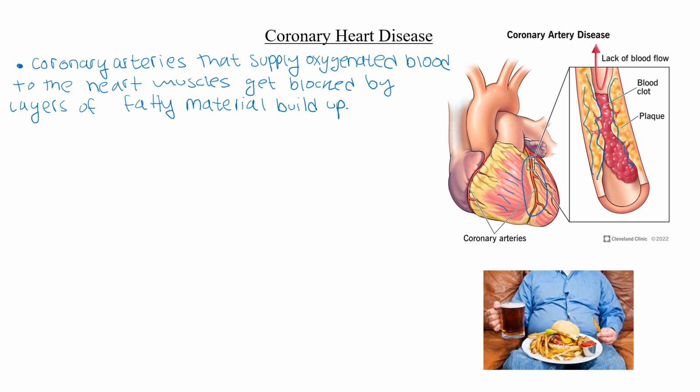This means that less blood is going to flow, and then you can have a clot because the blood flow is very slow, which means that less oxygen is going to be supplied to the heart muscle. This heart muscle is going to turn into a much darker color, and then this muscle dies, so the heart is not going to contract, which leads to a heart attack.